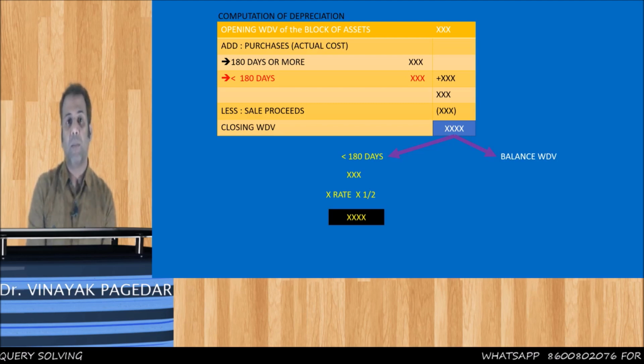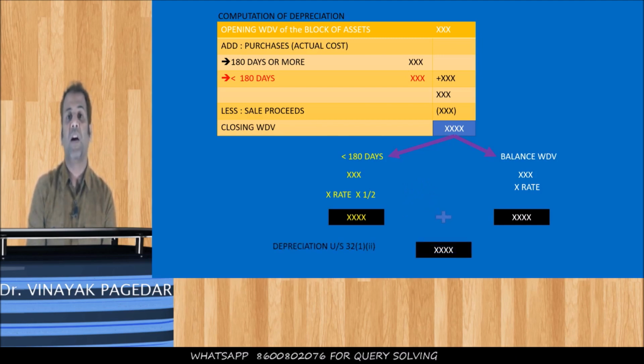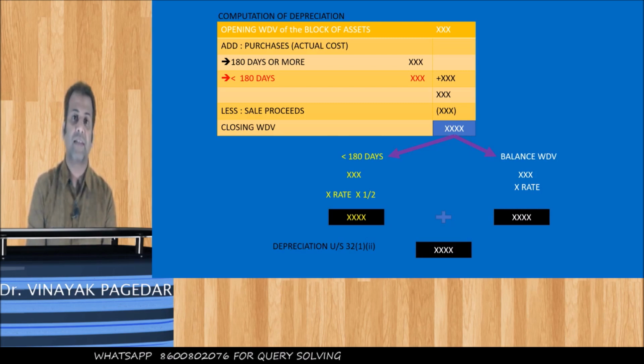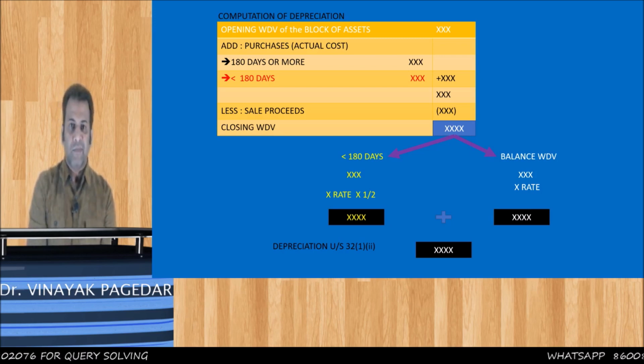And whatever WDV remains, on that you multiply it by the rate and you'll get the full depreciation. The total of these two will be your depreciation under section 32(1)(2), that is under the block system. 32(1)(1) is the SLM, 32(1)(2) is the WDV.